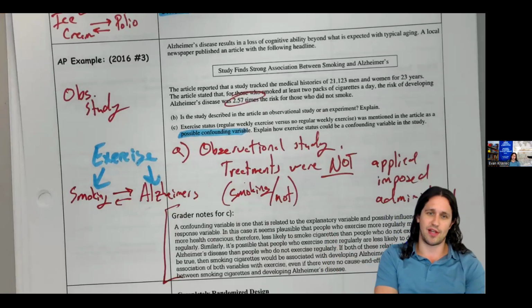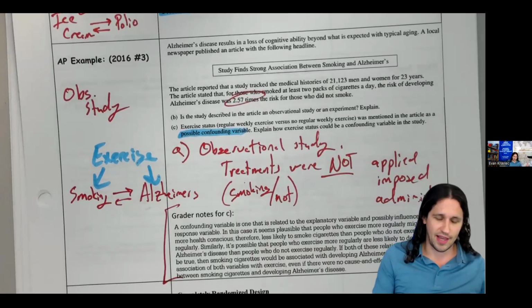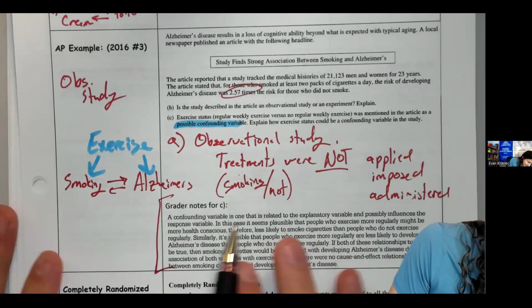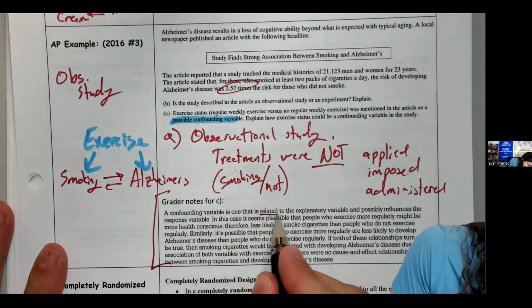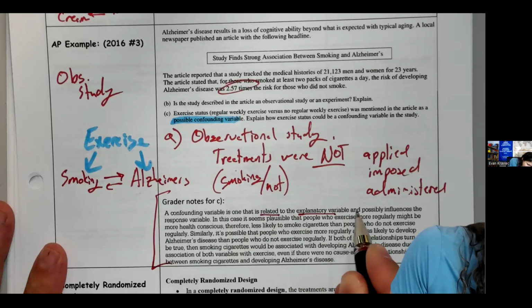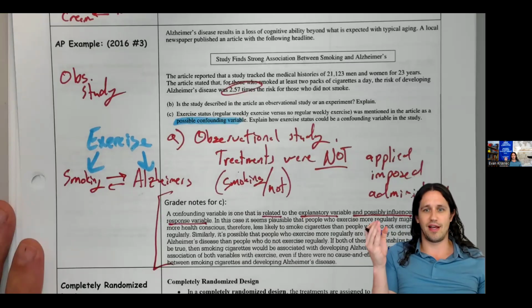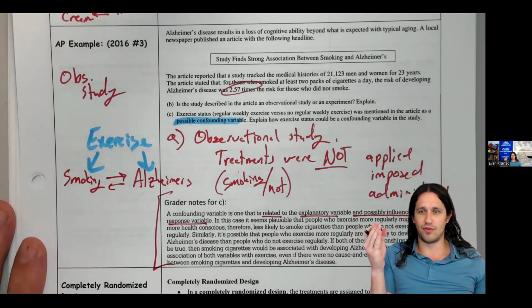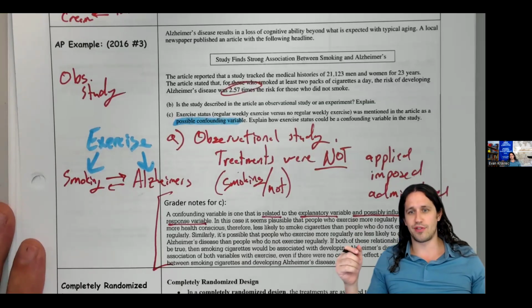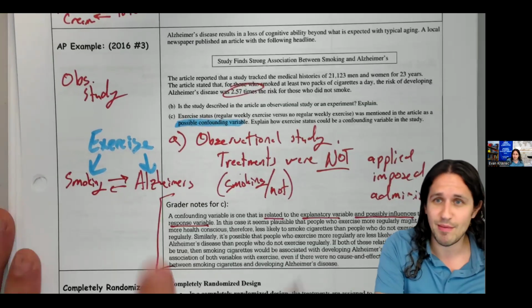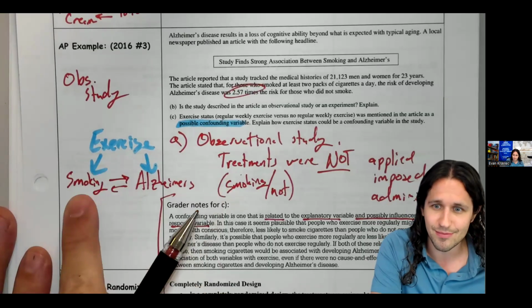Why might exercise be associated with smoking and Alzheimer's? Confounding variable is one that is related to the explanatory variable and possibly influences the response variable. How could exercise be related to smoking and influence Alzheimer's? Well, maybe, hey, maybe if you're exercising a lot, you're not smoking a lot.